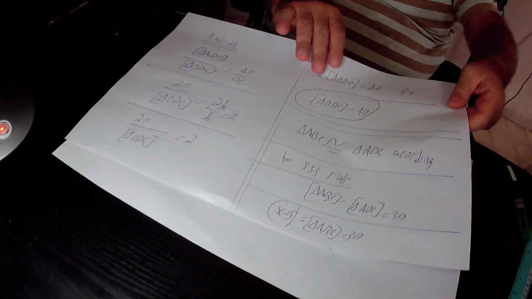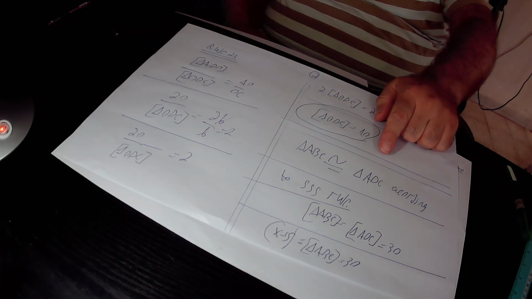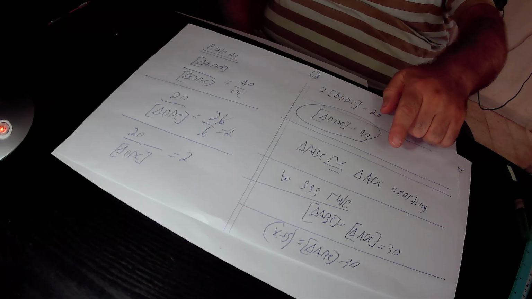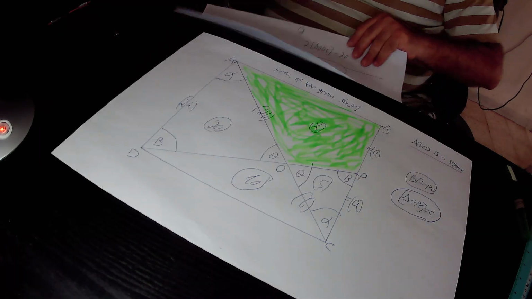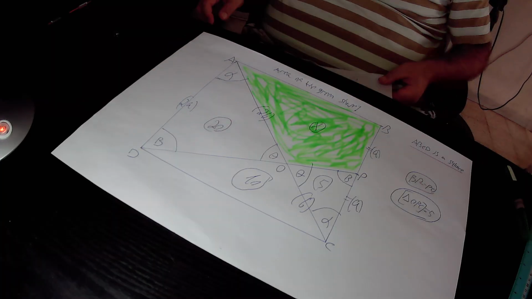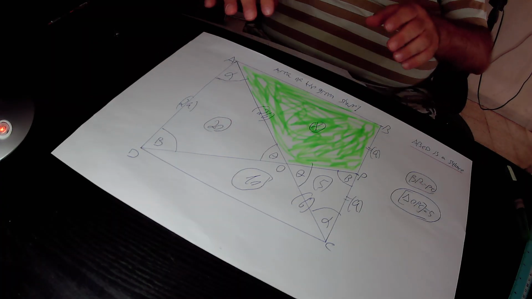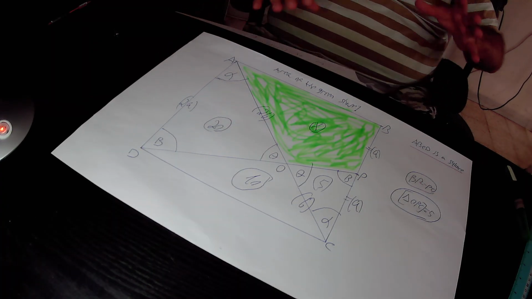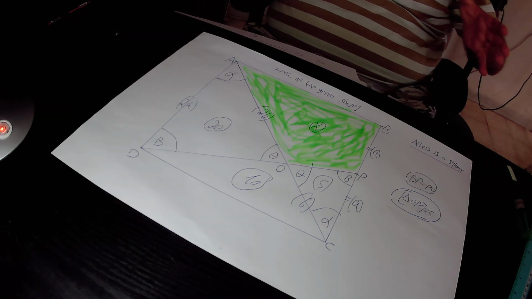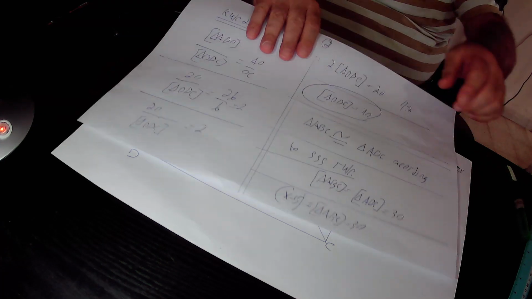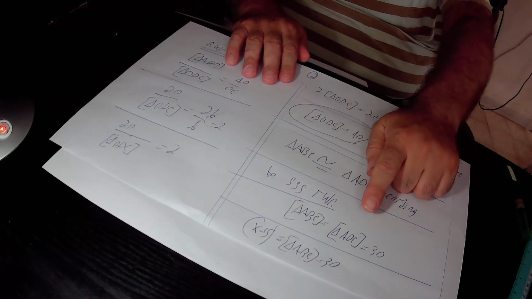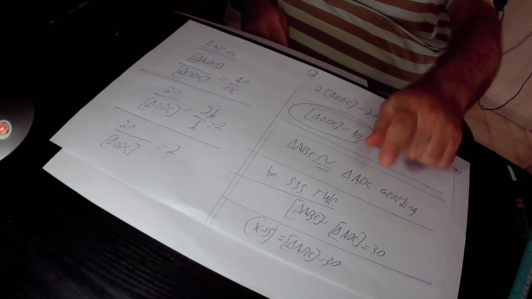From the fact that those two right triangles can go into each other, we derive that they also have the same areas. Any two triangles that can go into each other must have the same areas. Therefore, the area of triangle ABC must be equal to the area of triangle ADC.